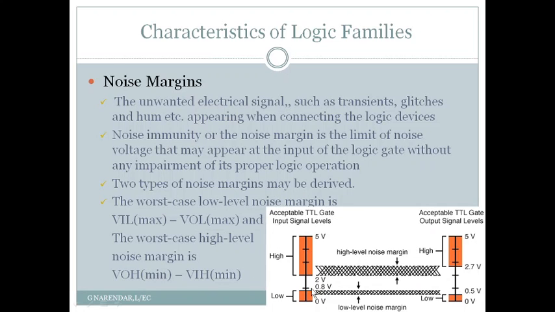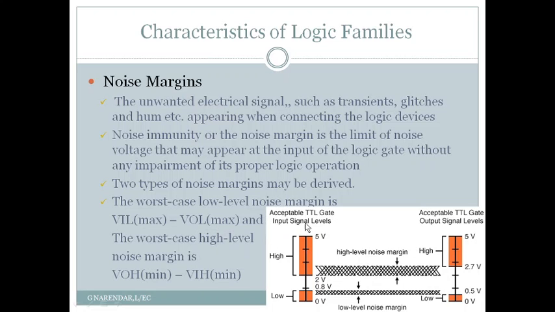And here you can see the low level input voltage, VIL. And you can see that the limit of noise tolerated at the low level is VIL minus VOL. So the worst case low level noise margin, the limit of noise that can be tolerated by the circuit, is VIL minus VOL.